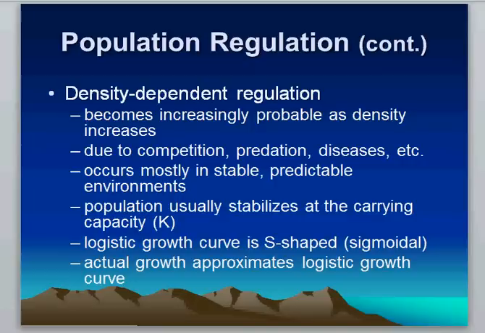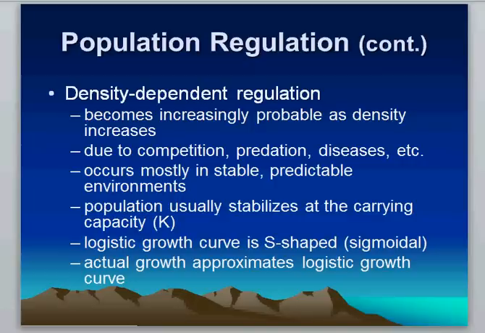Some of the mechanisms by which these K-selected species maintain their populations at or around the carrying capacity level are behavioral things, like the adults or the males or the established individuals within the population actively driving out the offspring and dispersing them so that they don't remain around and compete with the adults for resources.